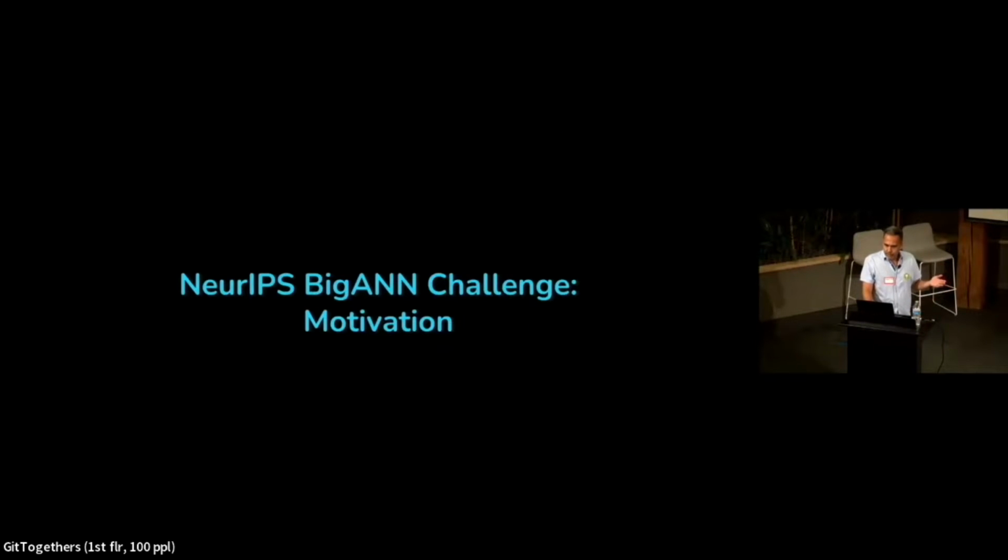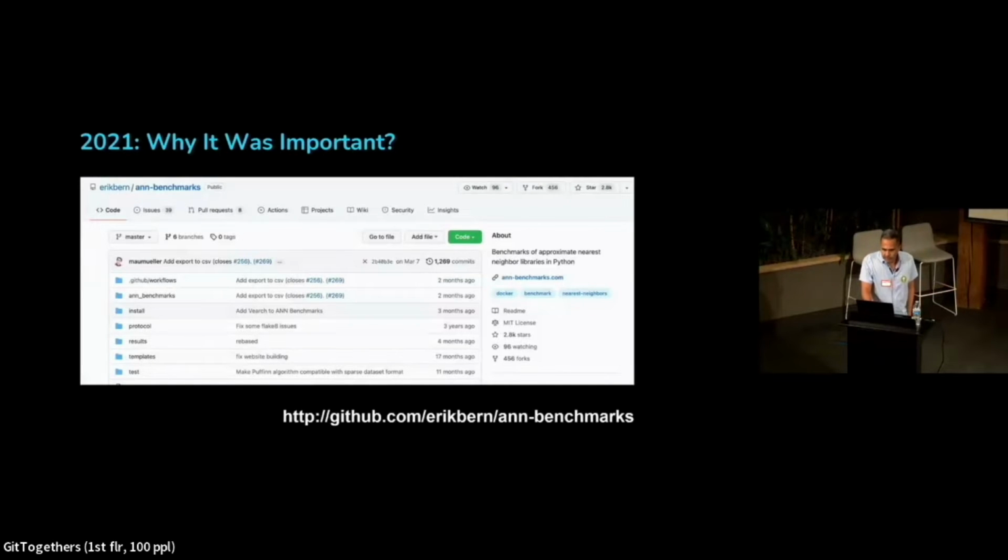So what was our motivation in 2021 for doing this? Well, in 2021, there was actually a great site out there, ANN Benchmarks, created by Eric Bernhardsson and Martin Aumüller. I think some of you probably know this open source site.